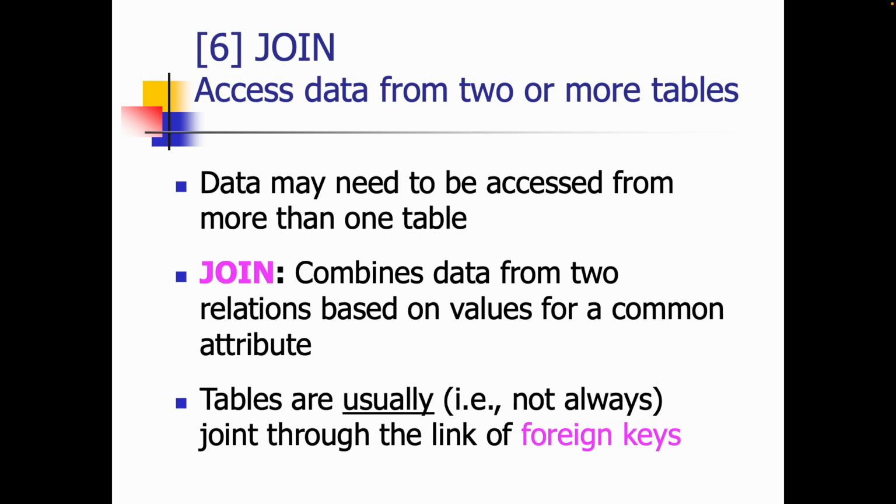Now, in order to join the tables, we often use the foreign keys, because in data modeling, if you remember, we linked the tables together in the relational diagrams with the foreign keys, right? So most of the time when you want to join tables, you use the foreign keys, but not always.